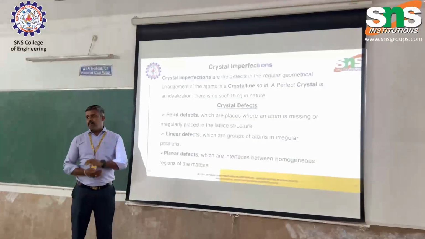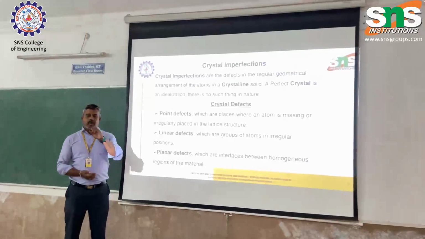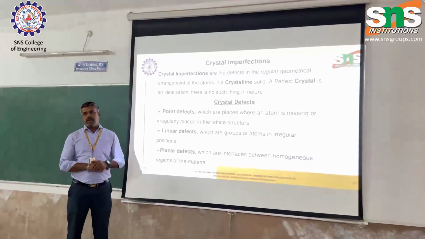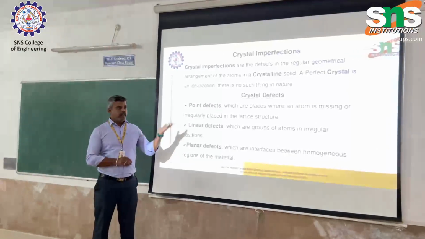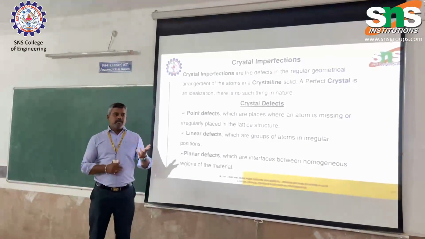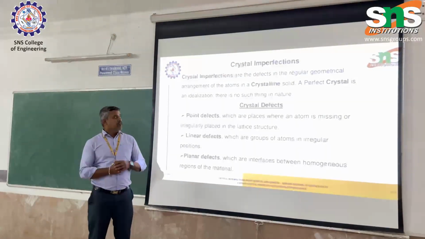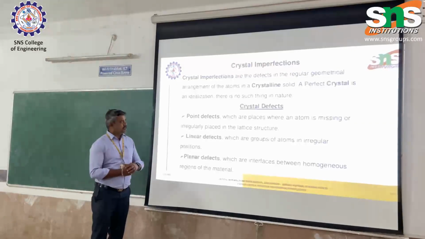The perfect crystal has atoms arranged in a lattice manner, a unique formation in a periodic range. But in a defect crystal, the atoms or ions become missing in the lattice. That is called a crystal imperfection.